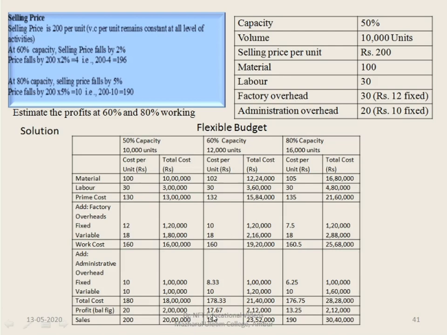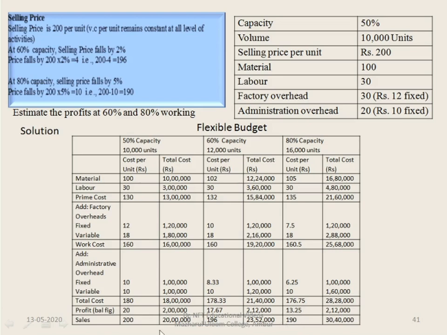196 is the selling price at 60% capacity. For 80% capacity, it decreases by 5%. So 200 into 5% is 10, and 200 minus 10 is 190. 190 is the selling price per unit at 16,000 units.